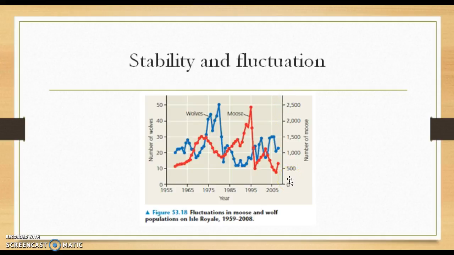What tends to happen is as predator populations rise, prey populations decrease, and as prey populations increase, predator populations increase. So they directly affect one another, which, as interesting as it may sound, means they are stable populations, but they are fluctuating on a year-to-year basis.